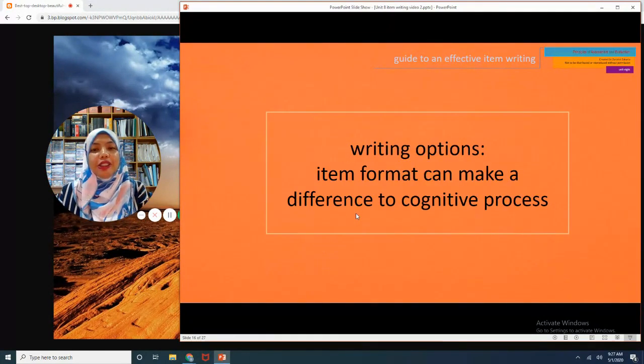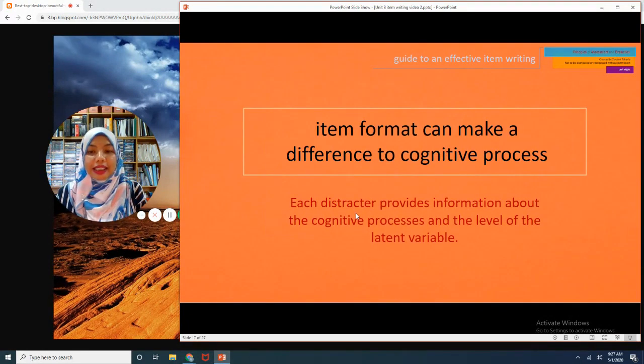All right. Another thing is that if you are an experienced item writer, or even if you are not, please know that we can maximize the use of the multiple choice format to our advantage by making sure that every option you have provides significant information about the thinking process of your learners. Let's look at this item.